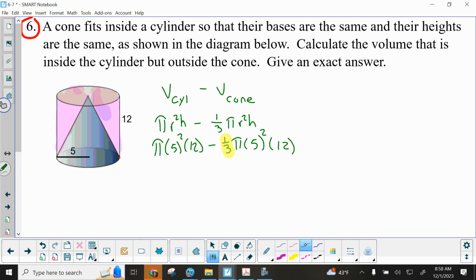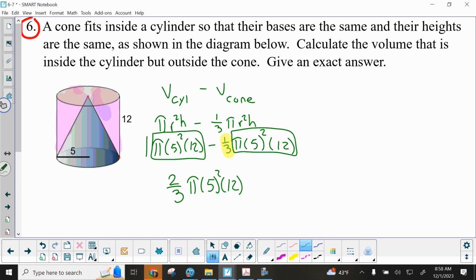So we could just go ahead and compute this, but I want you to notice that if you think of this as like terms, I can actually say 2/3 of the volume of the cylinder is left. And I can compute this. If that's not working in your brain, then go back to this step right here and just go ahead and figure it out.